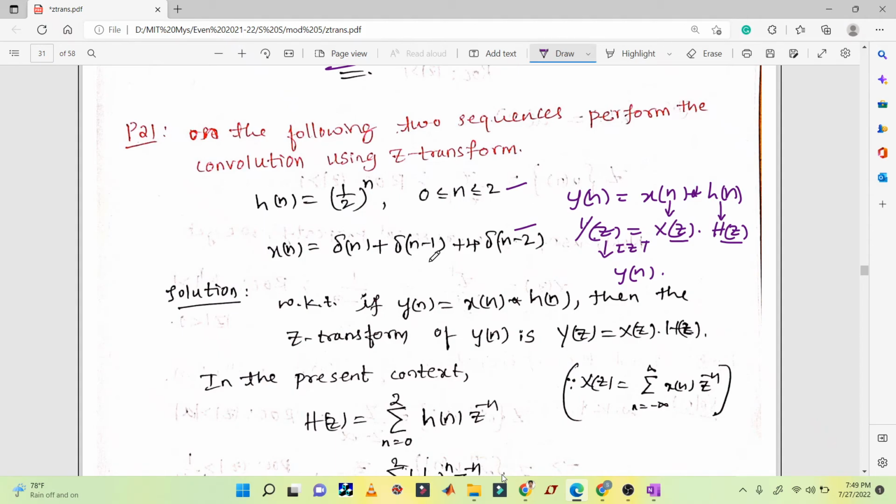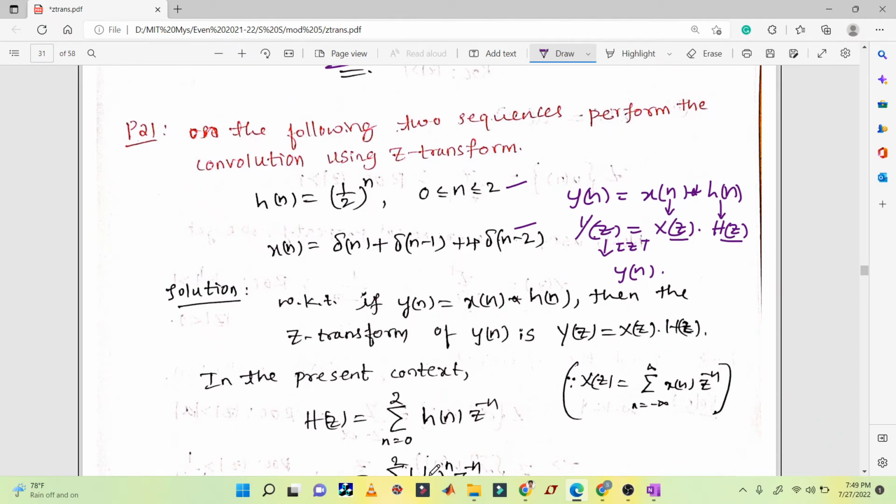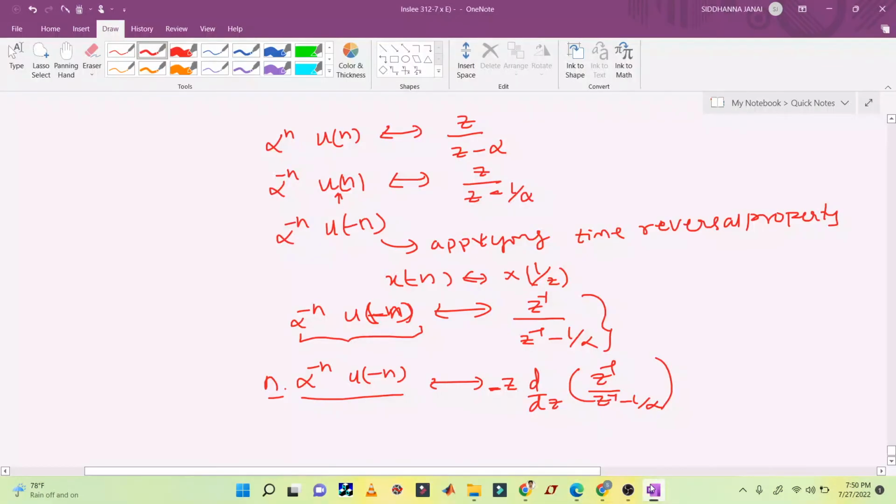Okay, let me solve this. h of n is equal to 1 by 2 to the power n, from 0 to 2.